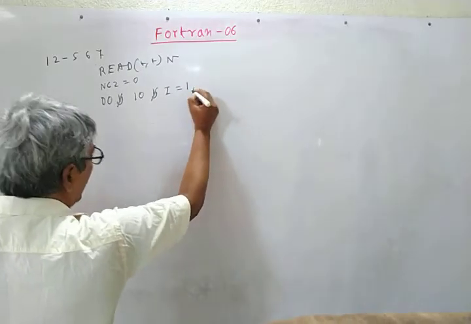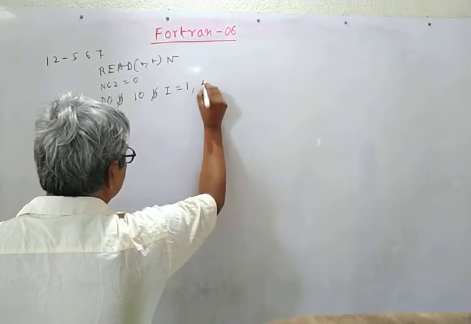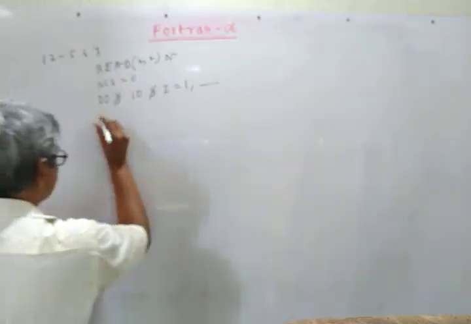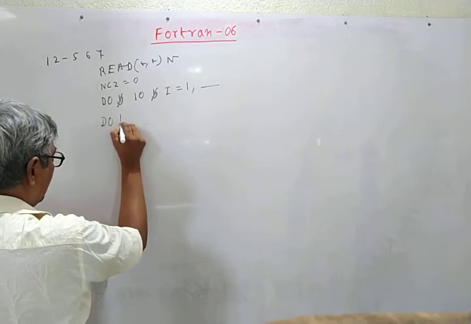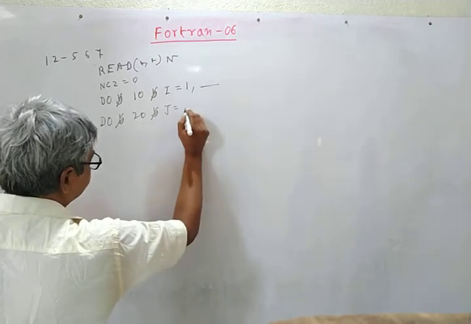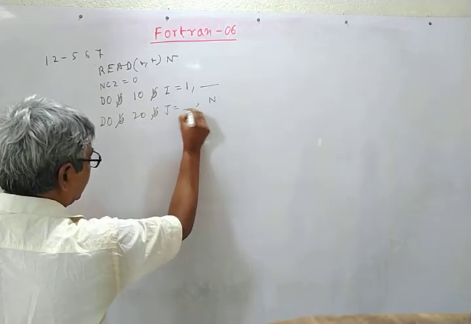So we write NC2 is equal to 0. I put it in integer mode because the number is an integer. Then the do loop, the first do loop: do, blank, 10, blank, i is equal to 1 comma, I keep it blank first because I will put it afterwards, and then do, blank, 20, blank, j is equal to, again there is a blank.